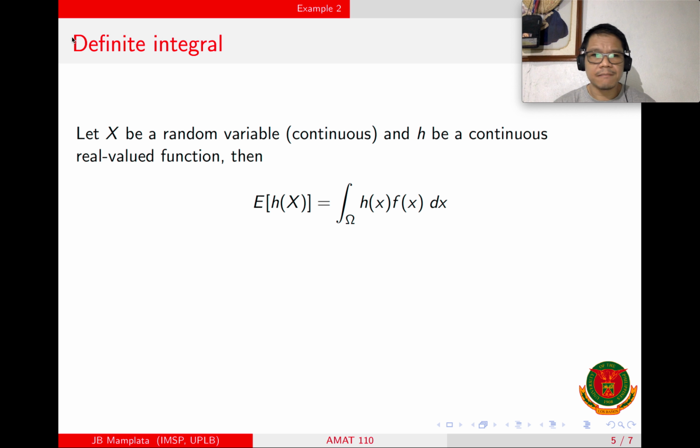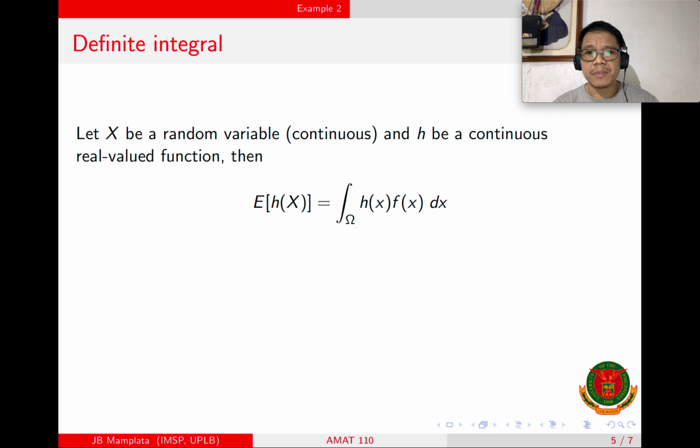In general, the expected value of h of x is equal to the integral over omega, h of x, f of x, dx. Take note, yung f of x dito is the probability density function corresponding to the random variable x. Kasi nga, sa Monte Carlo simulation, as I've said before, importante na alam natin kung ano yung random variable na kinoconsider natin.